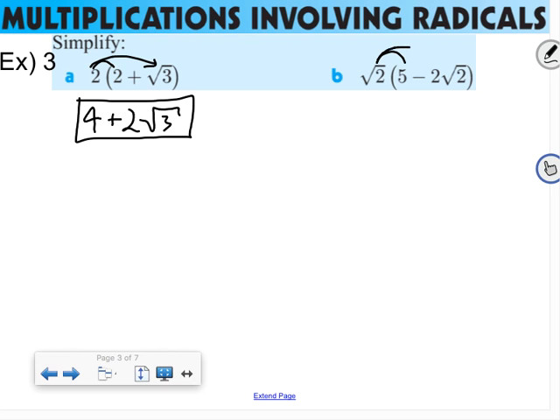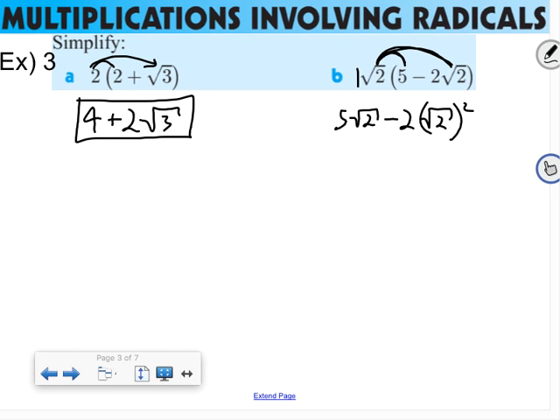In part B, just like we did when we had an integer, we're going to multiply through with our surd. So we're going to get 5 square roots of 2 from the first one. And from the second one, I'm going to get negative 2. Remember, in multiplication, I multiply my constant terms together. So this has an imaginary 1, so 1 times negative 2 is negative 2. Square root of 2 times the square root of 2 is square root of 2 squared.